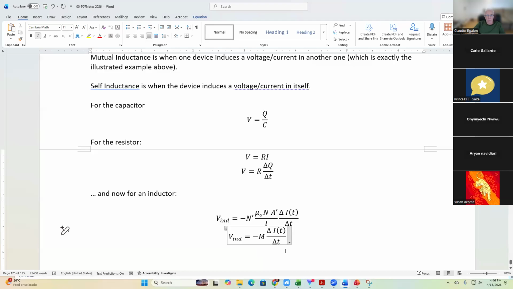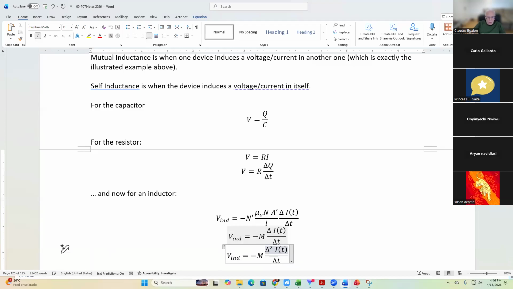And there is more. Look what's happening here. Here we have Q. Here we have delta Q over delta T. And here we have delta I over delta T. Look how the whole thing is progressing.